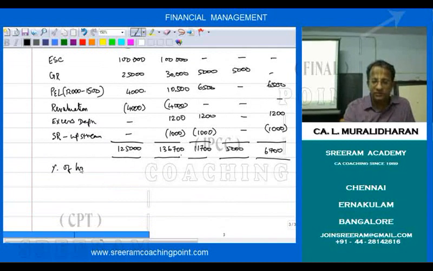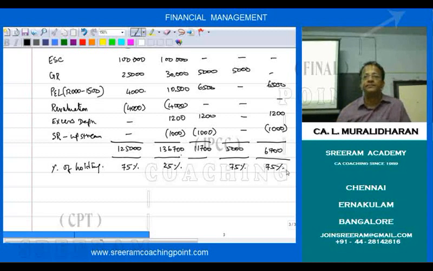Percentage of holding. First one for parent only. How much? 75, 25. This is 75. But instead of writing against the total column 75, we will note down 75 against this. Correct? How much is that?